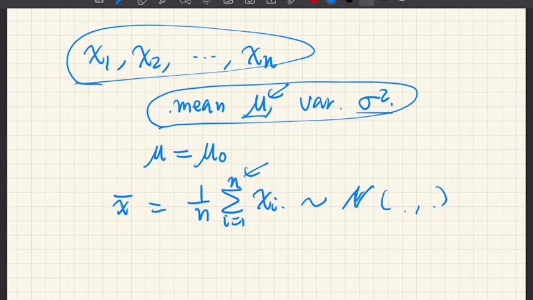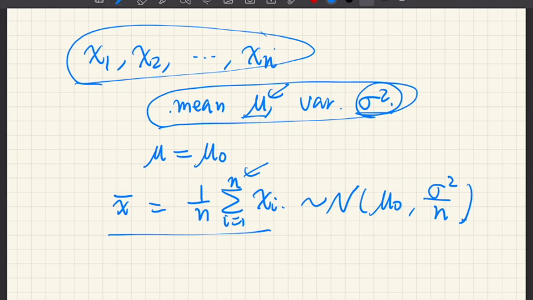So what we want to test is whether this follows a normal distribution with mean mu 0, and the variance of sigma squared is the variance of each of these variables, so the variance would be sigma squared over n, right?